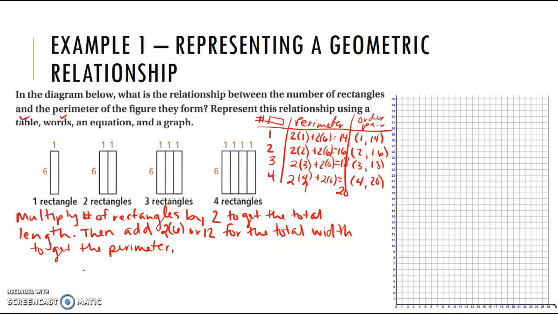And so when I write perimeter equals, I'm going to write 2 times x plus 12. And then actually we're going to write this as a slope intercept. So we're going to make it y equals 2x plus 12.